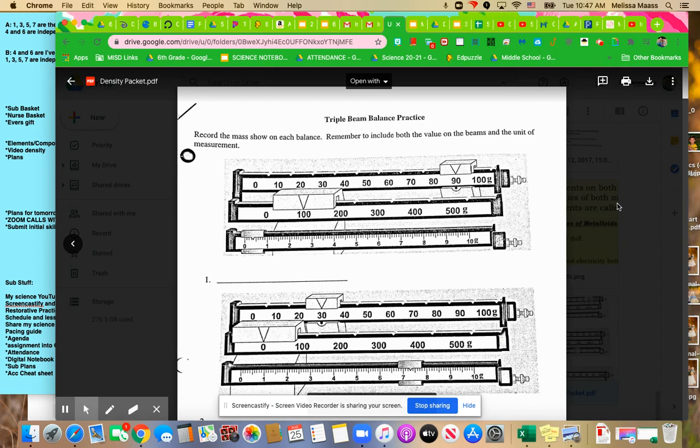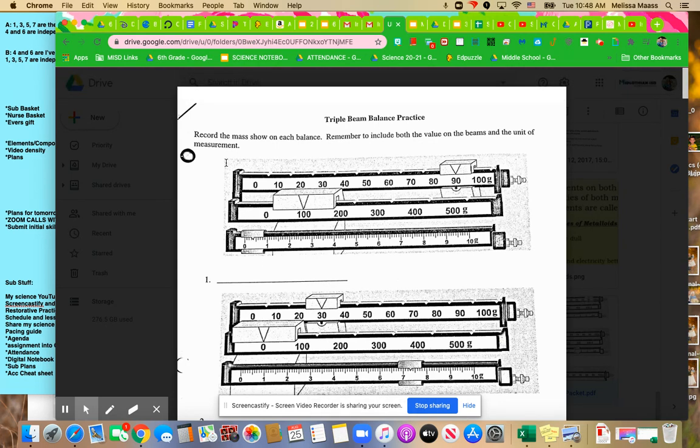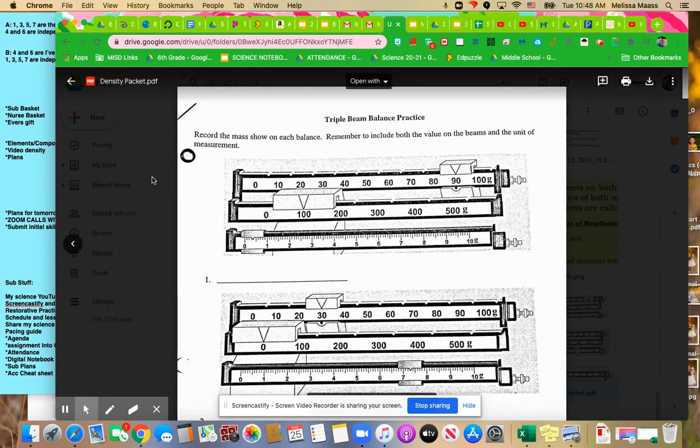What I want to go over with you is that typically in a lab setting, you would have a triple beam balance, and you would have all the riders over at 0, like these little block things would be at 0, okay? Then you'd put the object on the plate part of the triple beam balance, and typically a lot of people start with this top one, and then we'll move this over.